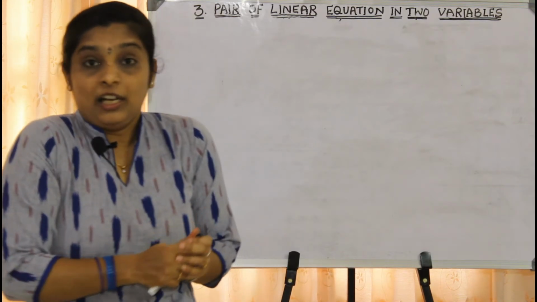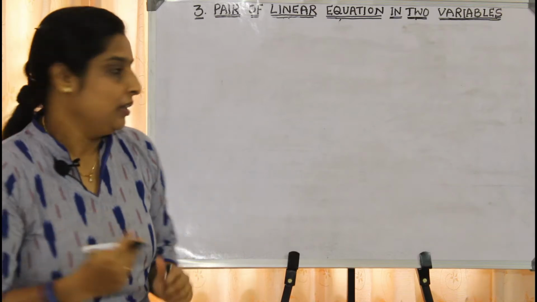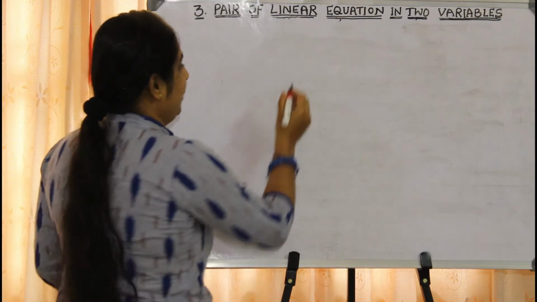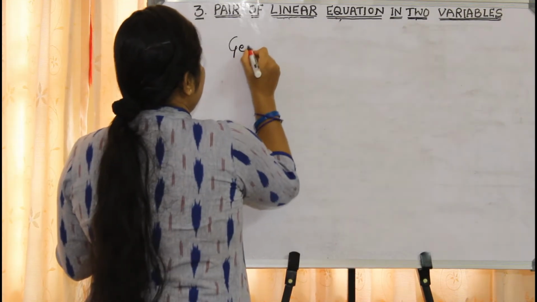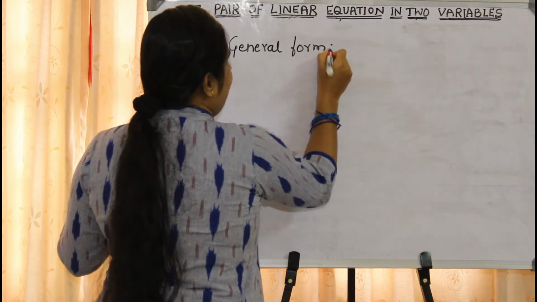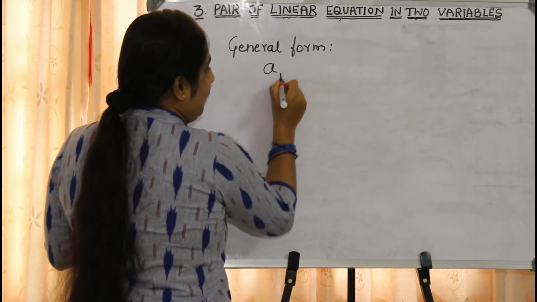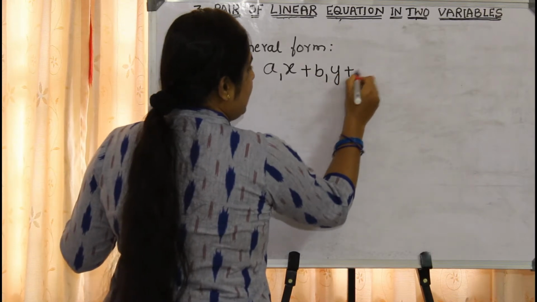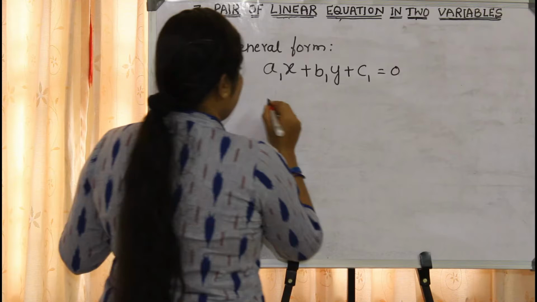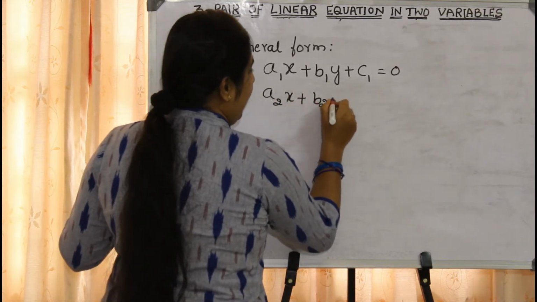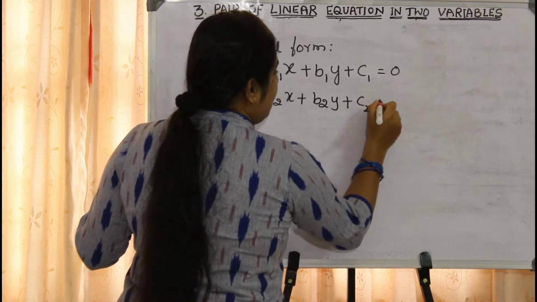Okay. So let us write the general form. As we know for one linear equation, the same way for two linear equations, the general form will be: for the first equation a1x + b1y + c1 = 0 and a2x + b2y + c2 = 0.